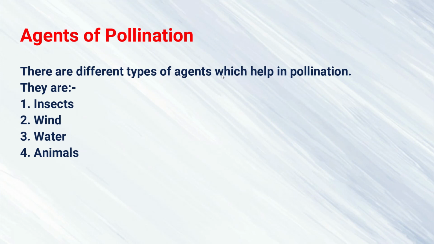How are animals the agents of pollination? Animals that are known to be good pollinators of flowers are hummingbirds and nectar feeding bats.